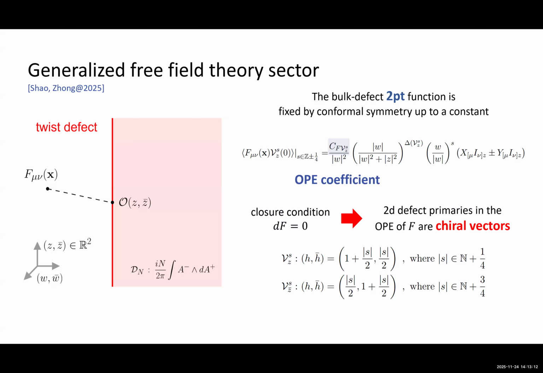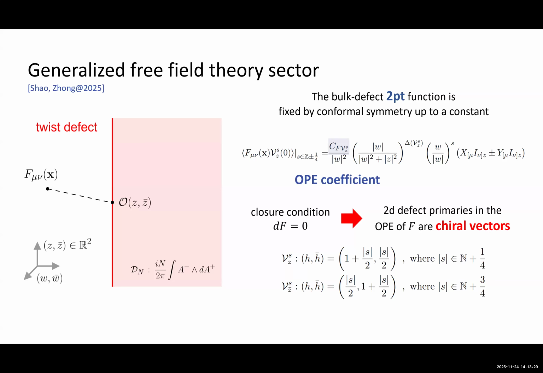that to admit a non-zero two-point function between a bulk field operator and a defect primary, the only possible conformal weight of the defect primary has to satisfy these two conditions.